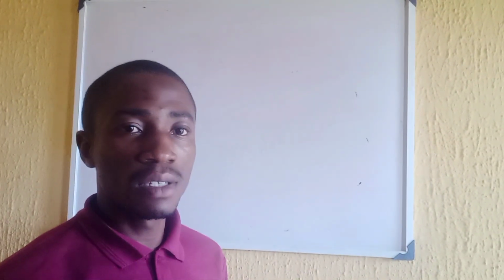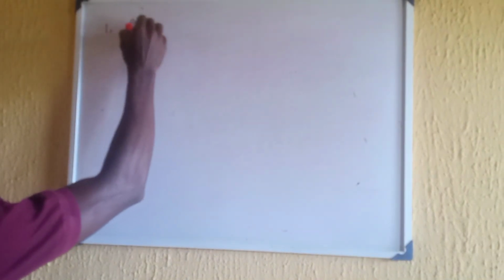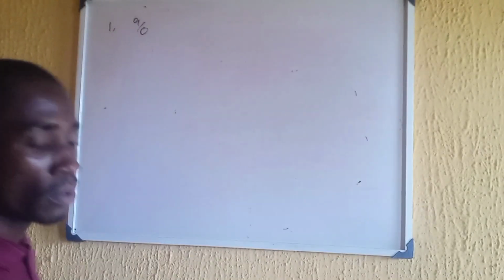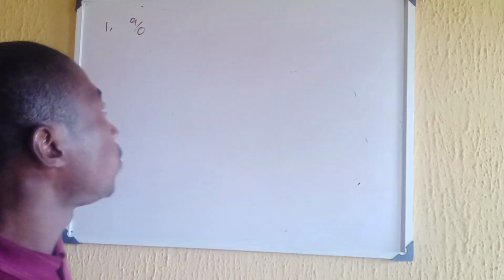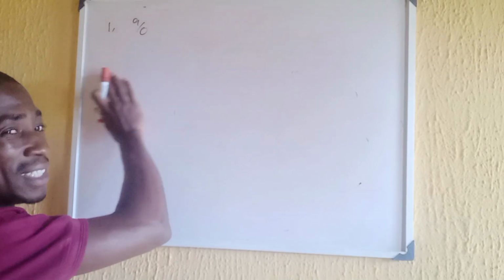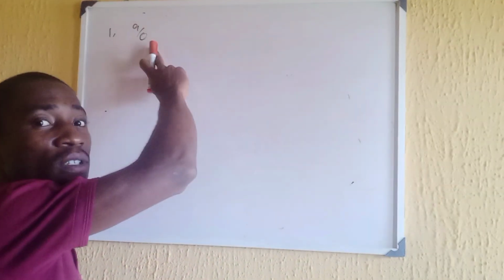There are common undefined conditions in mathematics, so I'll be listing them out. The first one is A over 0. Anytime you find this condition, it is undefined because we can't have 0 as the denominator.